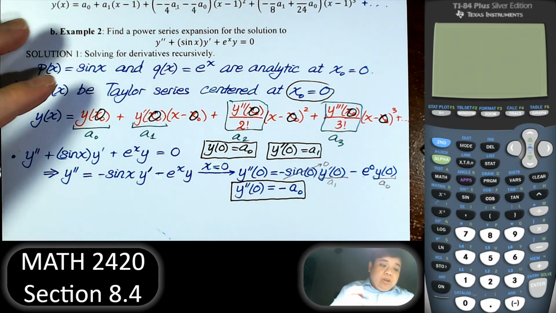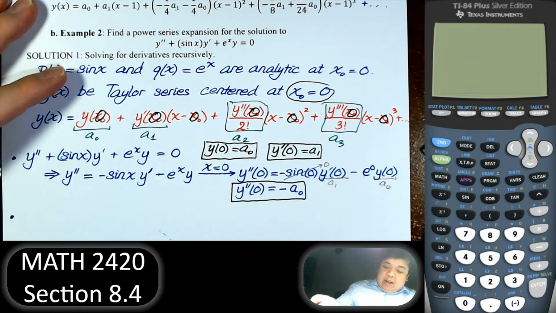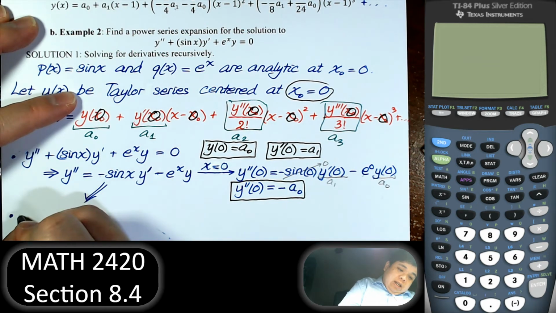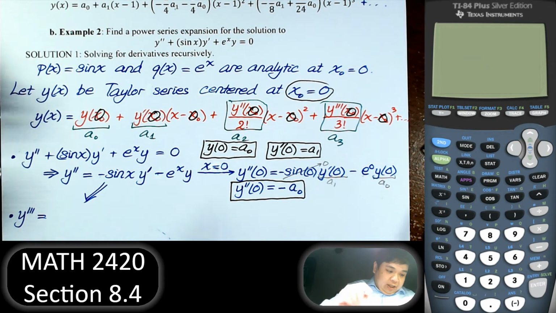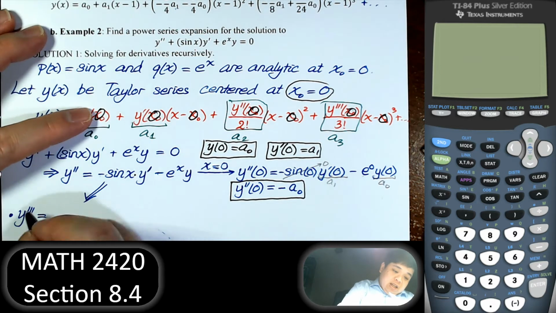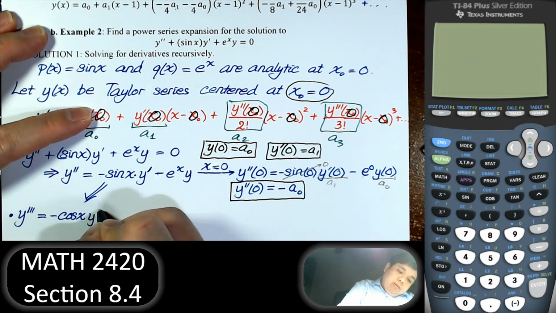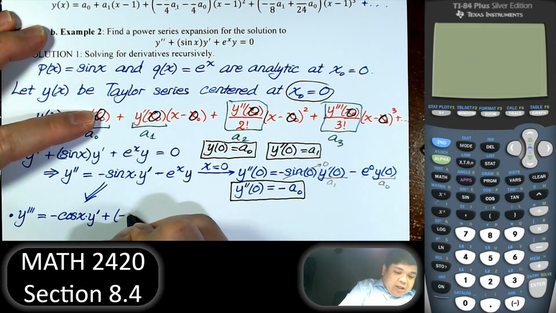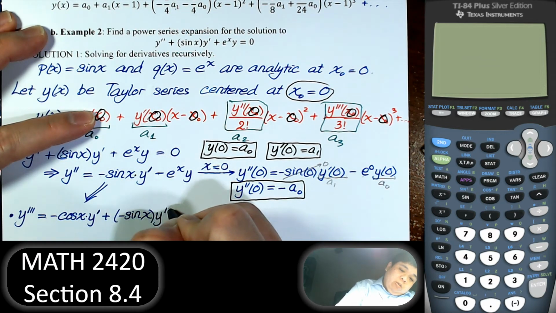Next, to get the third derivative, we take the derivative of that, which uses the power rule. The derivative of negative sine x is negative cosine of x, times y prime, and then plus negative sine x times the derivative of y prime, which is y double prime.